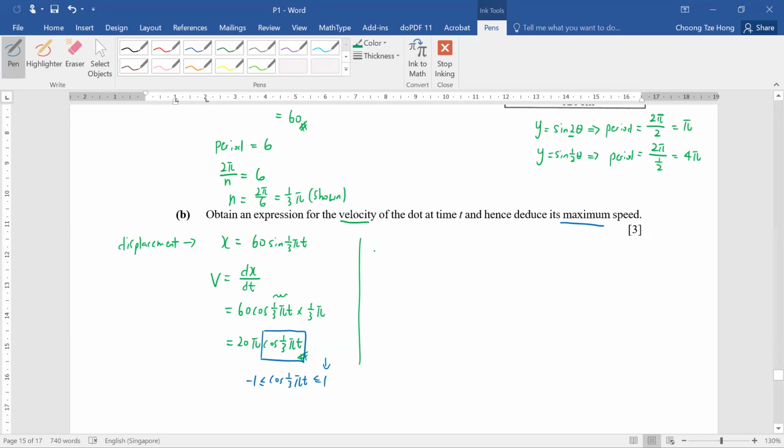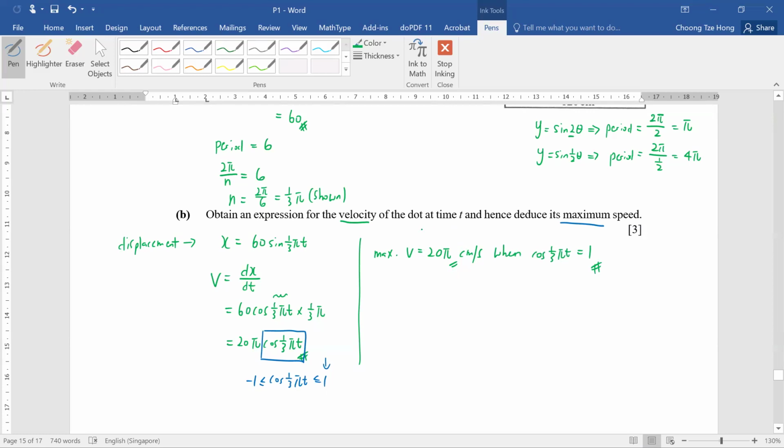Maximum v equals 20 pi cm per second. This is the answer when cosine 1/3 pi t equals 1. This is how we come to the conclusion of what the maximum speed is.